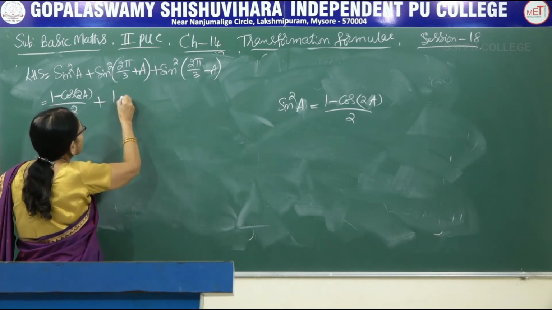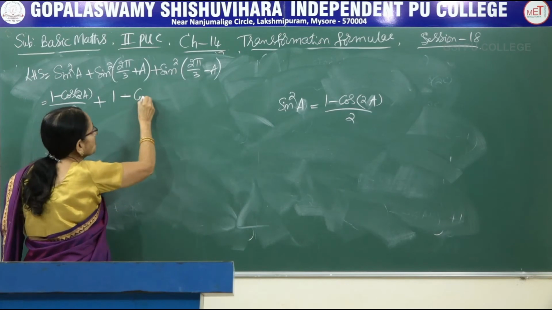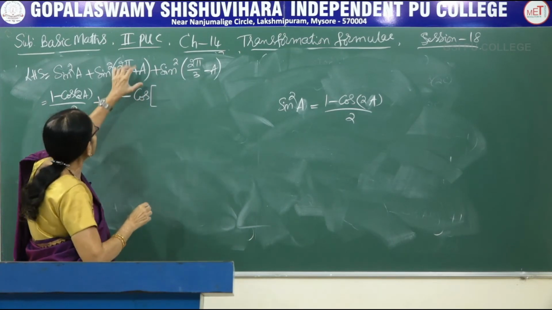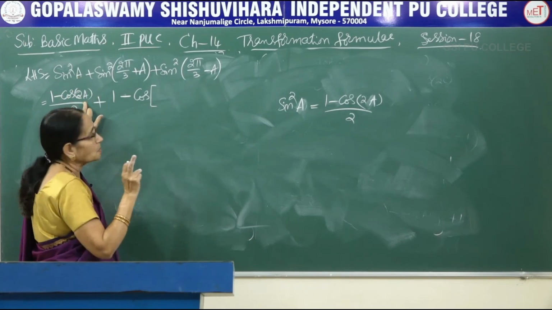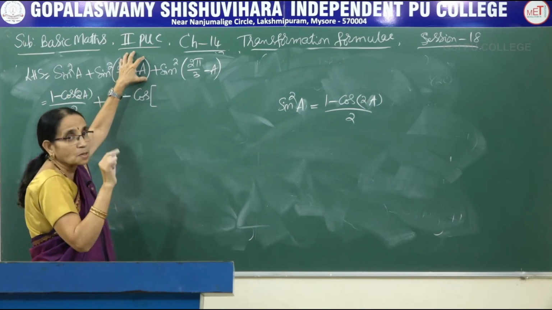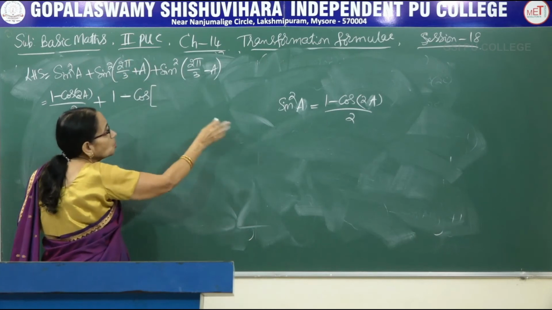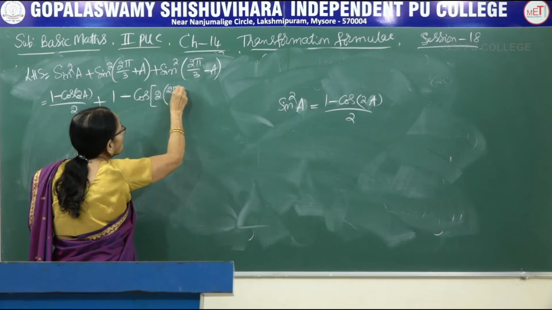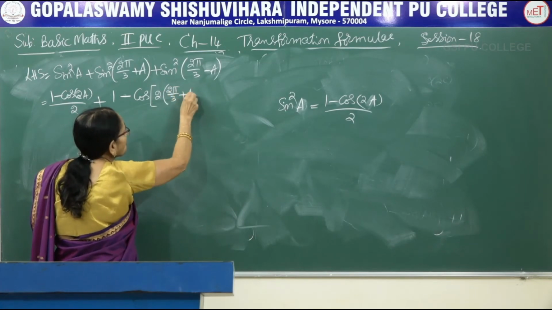Now 1 minus cos, use two brackets here, because the angle there was a single term, but here it is an expression, a sum of two terms. So 2 times this angle means 2 times 2 pi by 3 plus A.